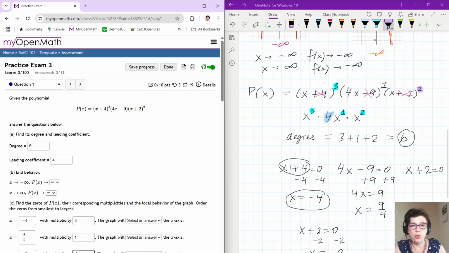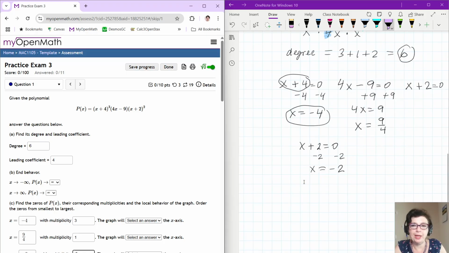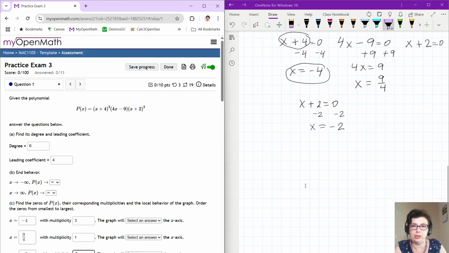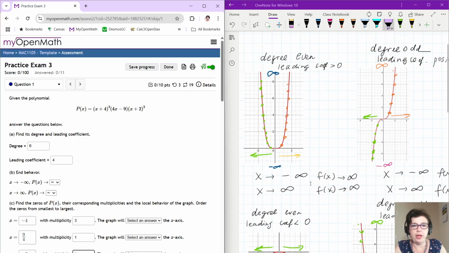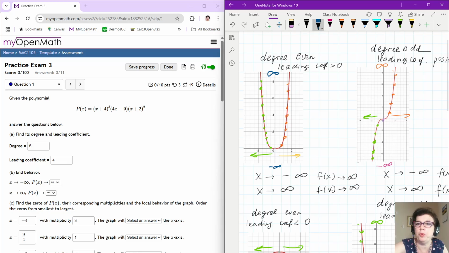Now I need to know what is the local behavior. That's actually pretty easy to understand. If you have a zero with an odd multiplicity, then you can look at this picture right here. As it goes through the zero right here, it'll switch sign from negative to positive. So it'll cross the x-axis.